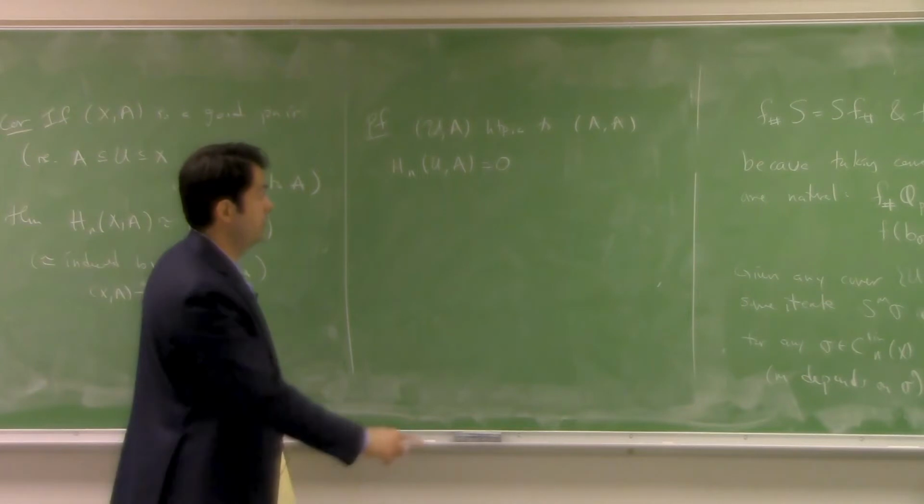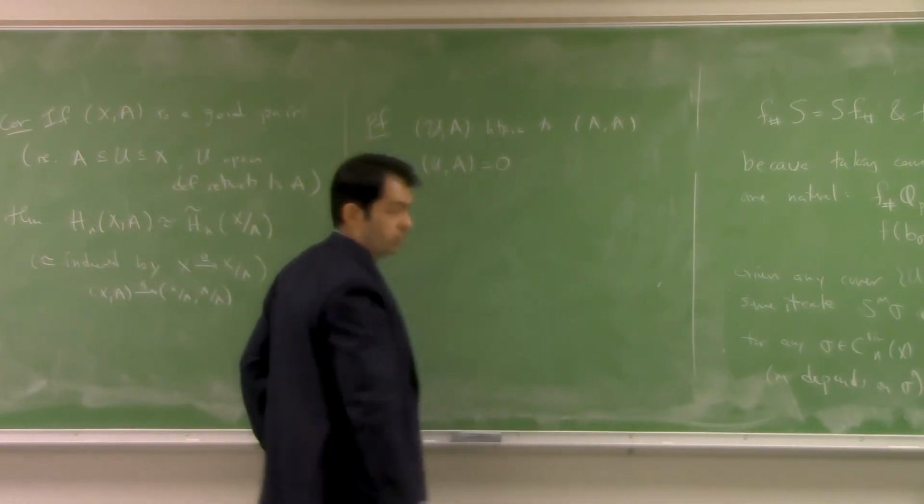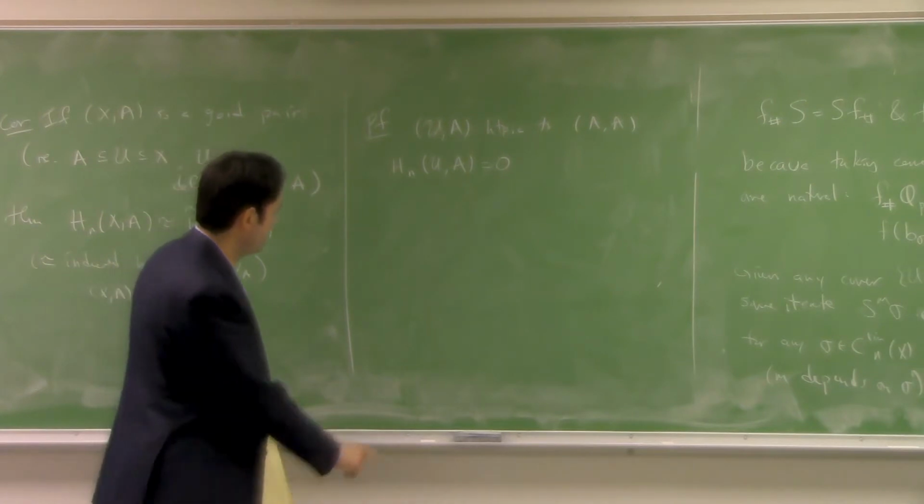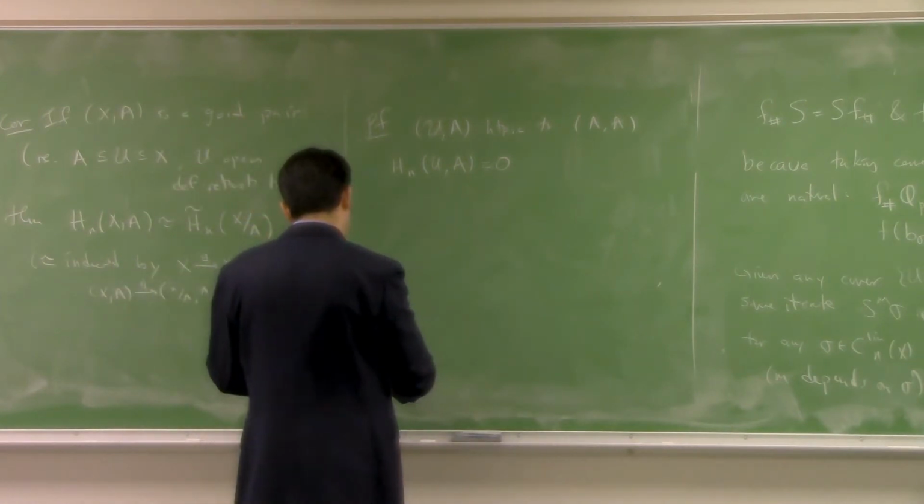We saw last time that the relative homology of a space relative to itself is always 0. So these groups are always 0.